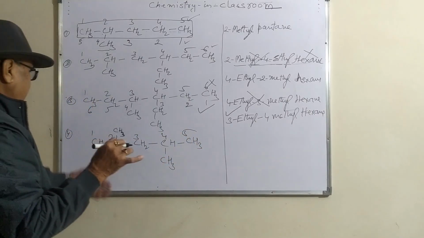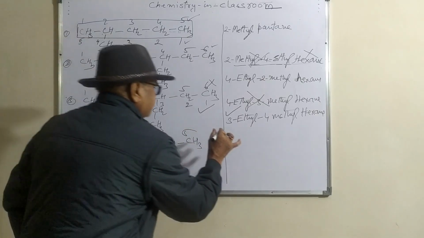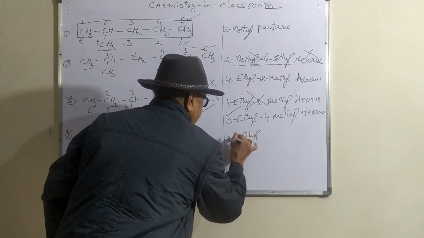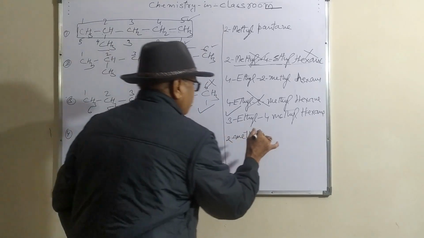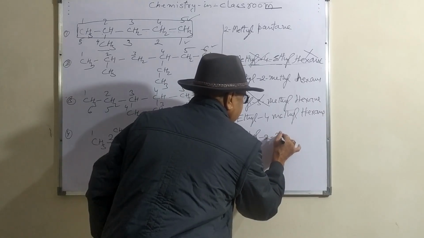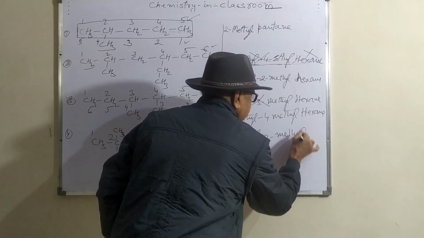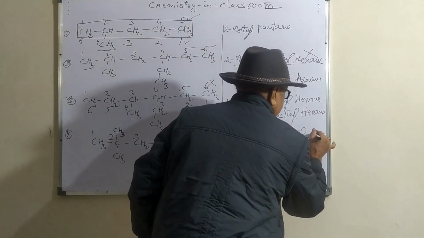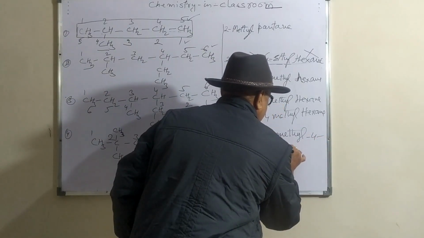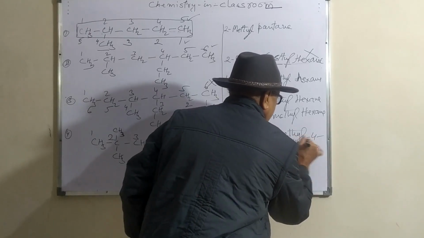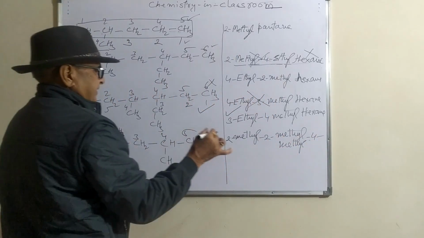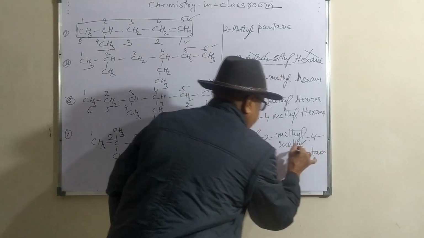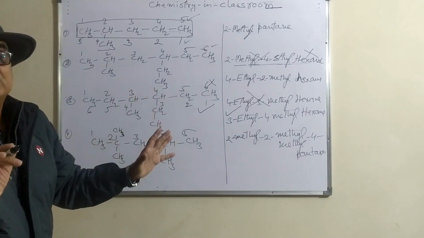You will write the name of this compound: 2-methyl, again 2-methyl, and 4-methyl, and pentane. 2,2,4-trimethyl pentane. So this is again true.